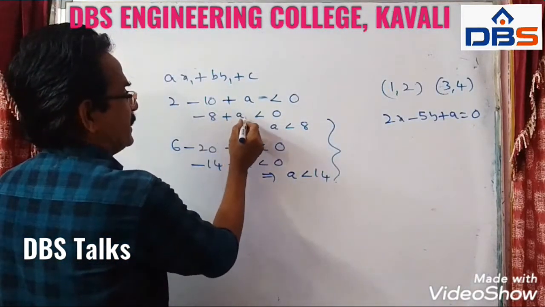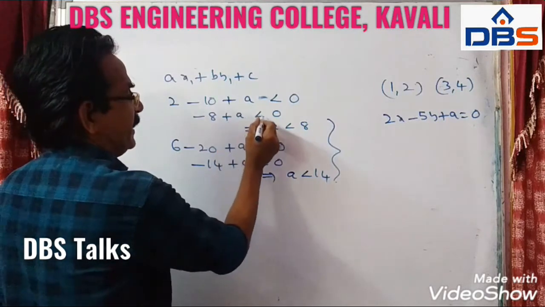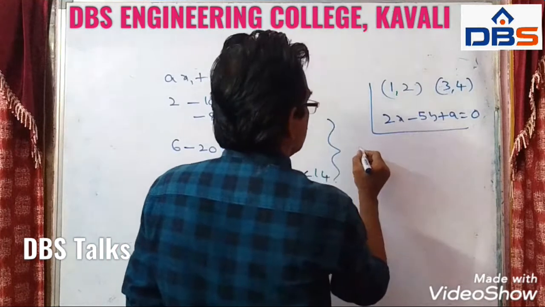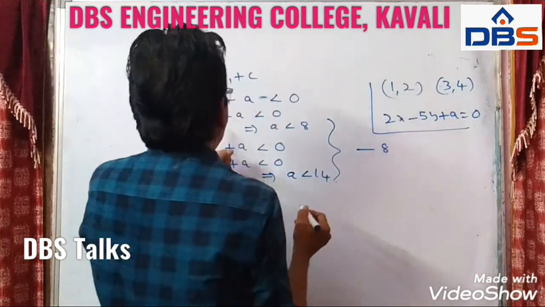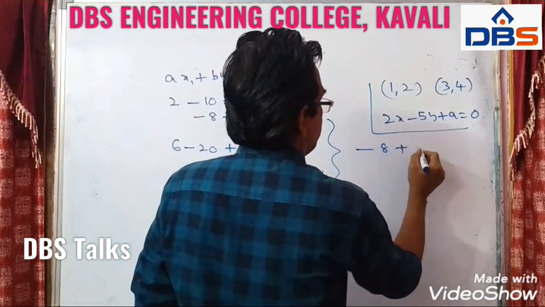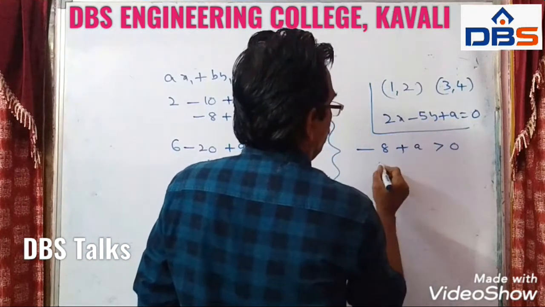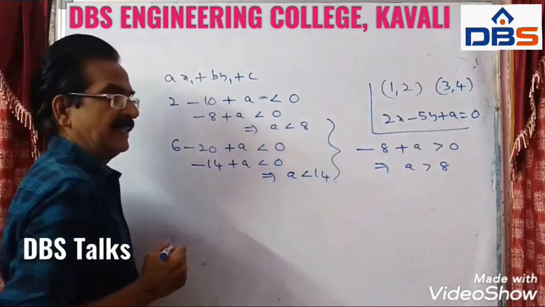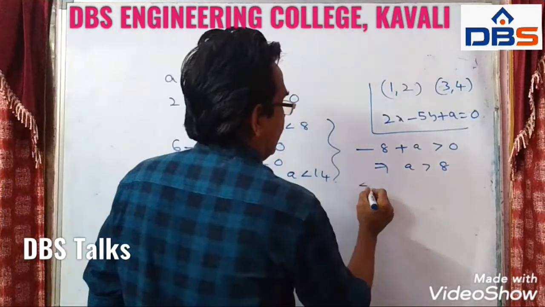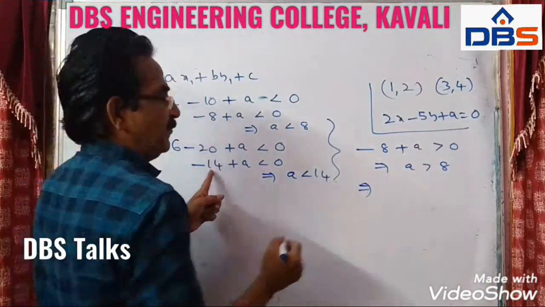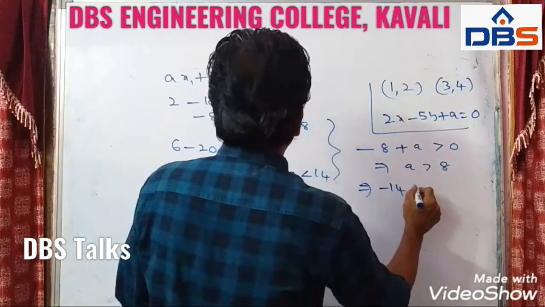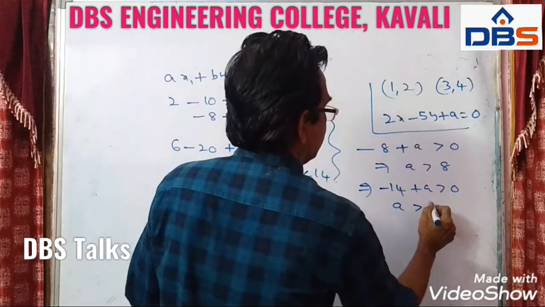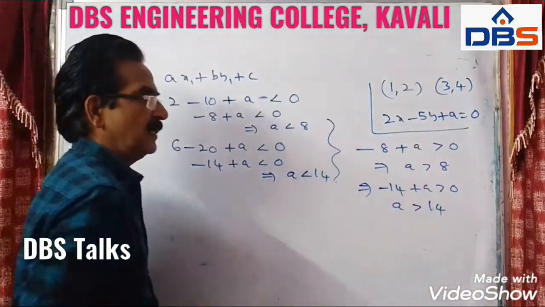Minus 8 plus a greater than 0, it implies a greater than 8, and minus 14 plus a greater than 0 implies a greater than 14.